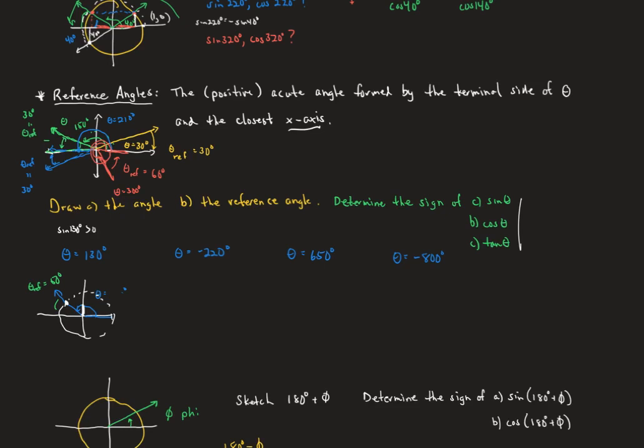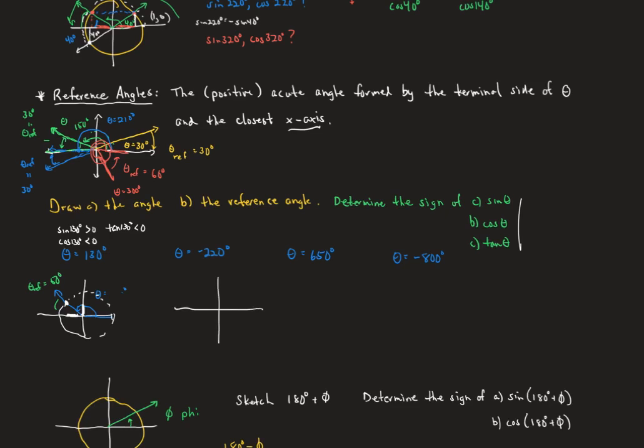So sine of 130 will be positive. The cosine of 130, because we're in quadrant 2, the x value of a point on the unit circle there would be negative, and therefore the tangent of 130, because it's sine over cosine, is a positive divided by a negative. It will be negative as well.